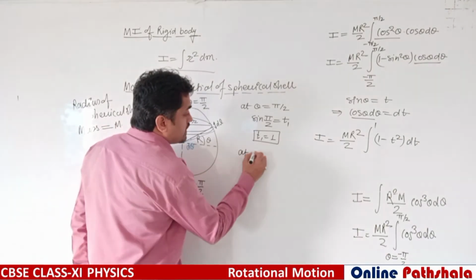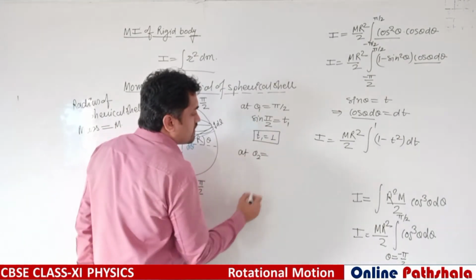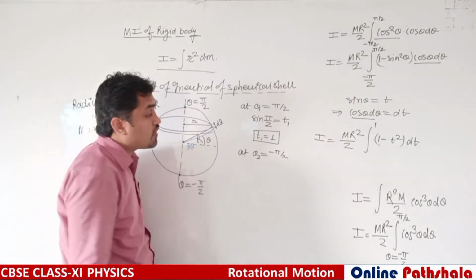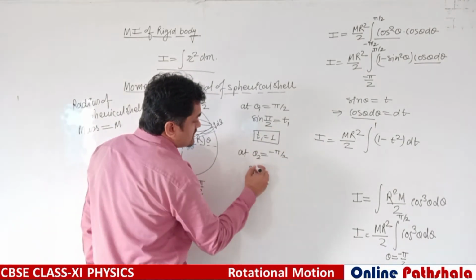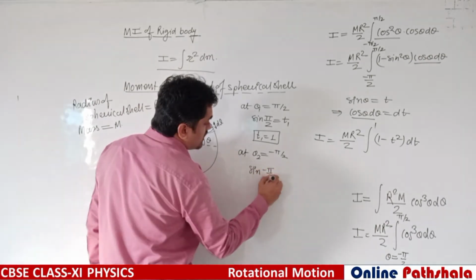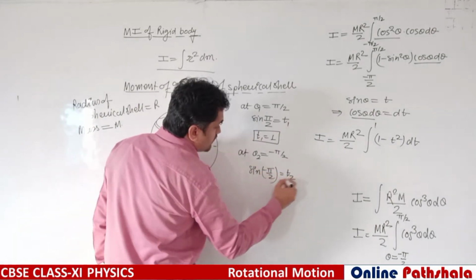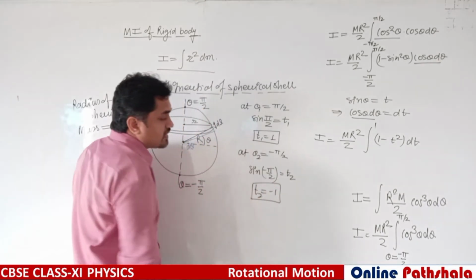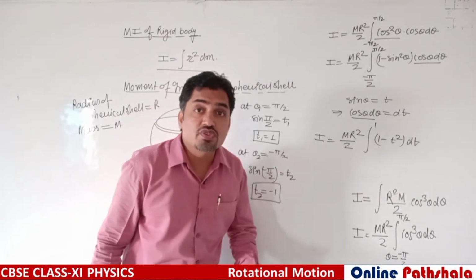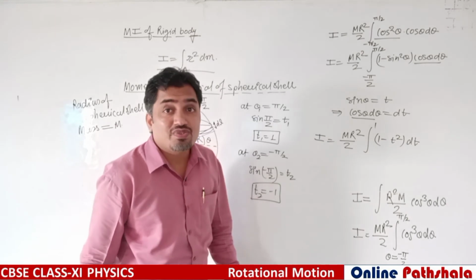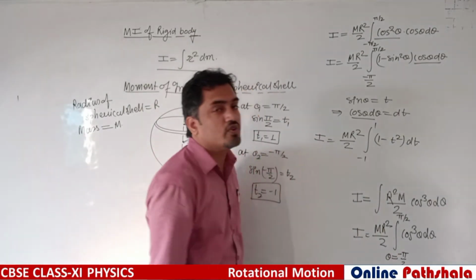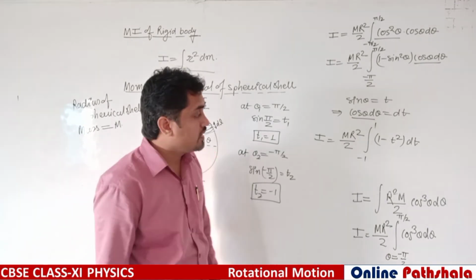Now, at theta2 equal to minus pi by 2, sine of minus pi by 2 is equal to t2. So, t2 we are getting minus 1. We know very well sine of minus pi by 2 is equal to minus 1. So, the lower limit is equal to minus 1 now.